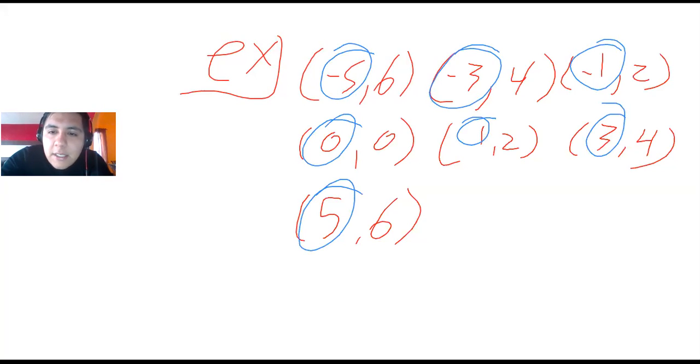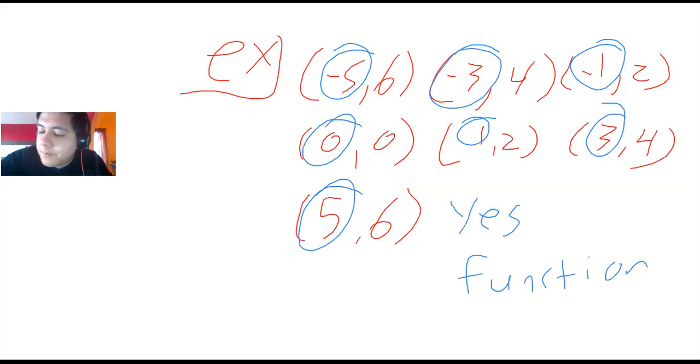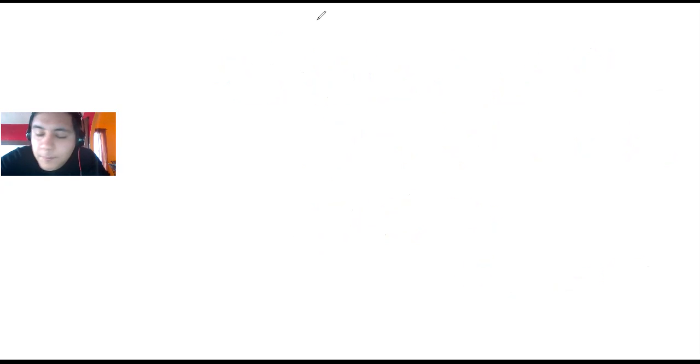So we would say that yes, we do have a function. So again, looking at all these, -5, -3, -1, 0, 1, 3, and 5, we would say that this is a function because none of the x values repeat. We don't really look at the y's. All we focus on is the x values.